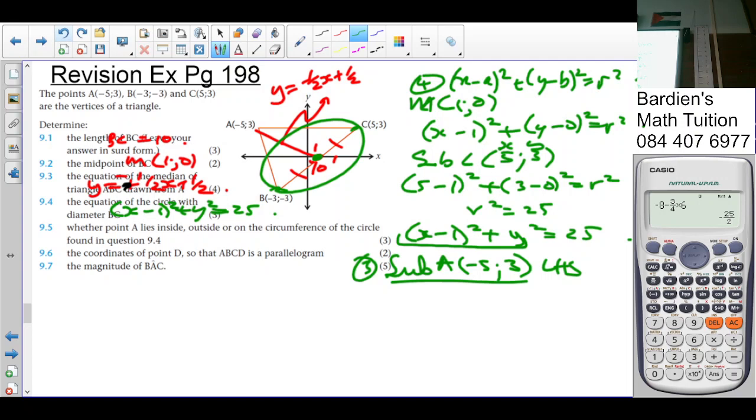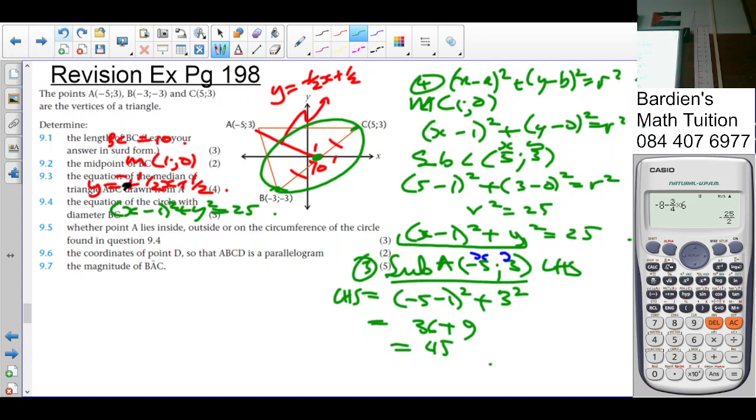So let's go, left-hand side. Again, it's an x and a y. So it's going to be minus 5 minus 1 squared plus 3 squared. This is your left-hand side. Which is 36 plus 9, which is 45. Is that more or less? It is more.